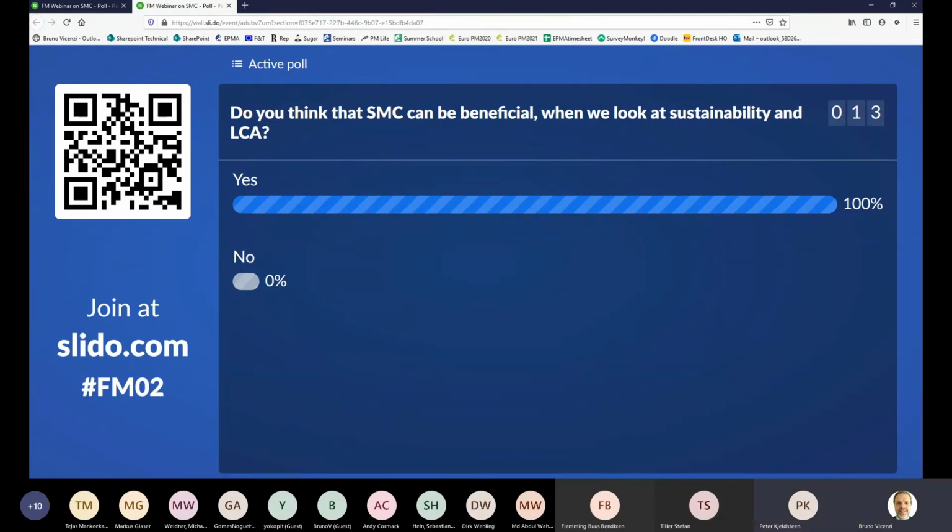Can we comment on this? What are the advantages compared to the laminated sheets, or are we just talking about more or less the same level of environmental impact? I could maybe comment. When I think about SMC compared to laminations, it's a more brittle material.